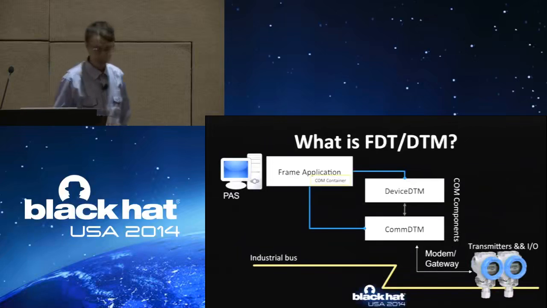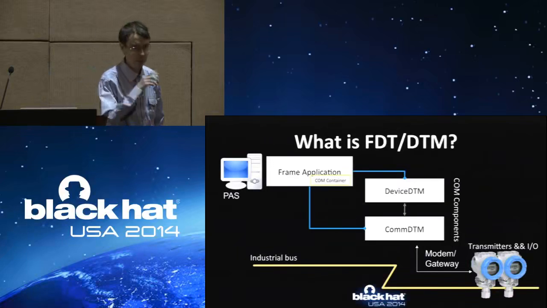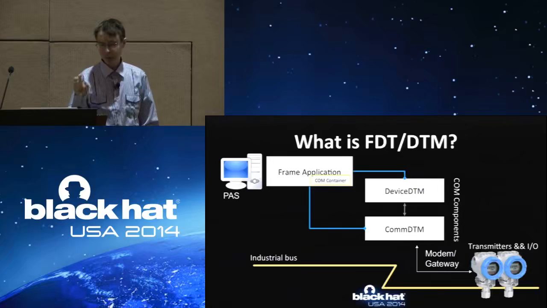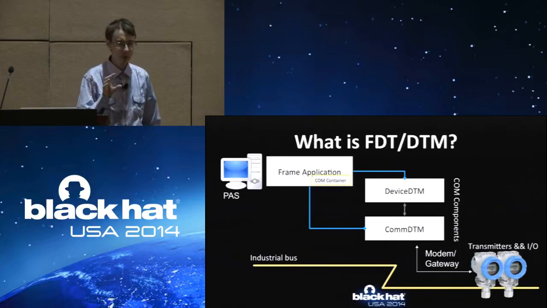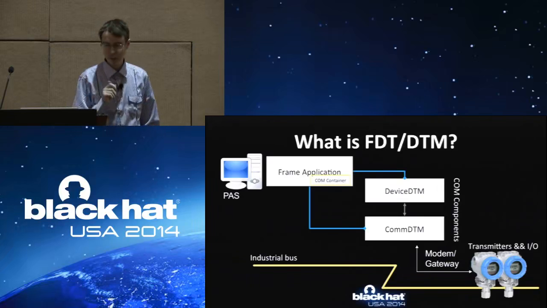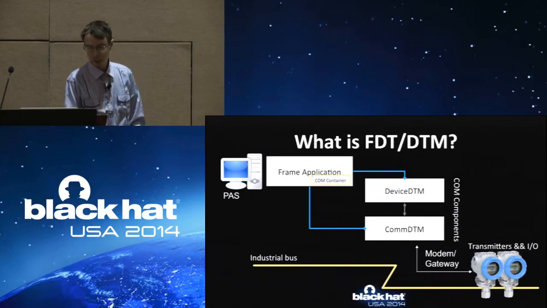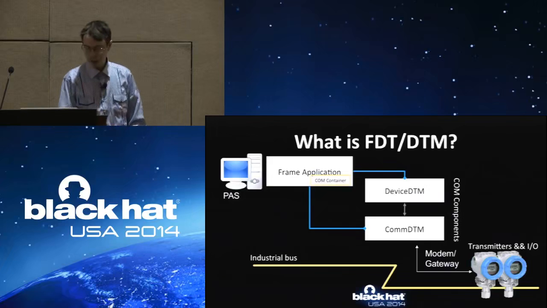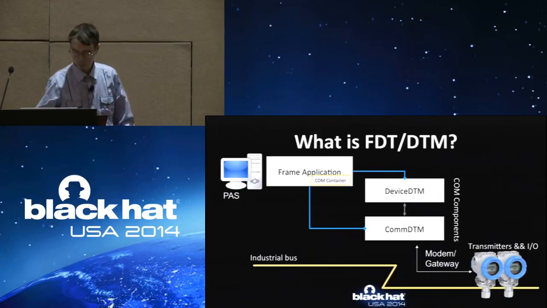How does this work? We have a frame application. In our demo, it was FieldCare. It has several COM containers inside, and every device has a device DTM COM component, and every modem or gateway has a COM DTM component. It's a hierarchy of such components that integrates inside the frame application.